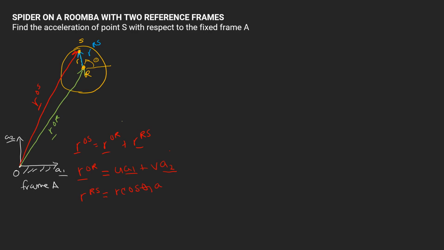And so then we can write RRS as R cosine theta A1 plus R sine theta A2. And so with that, you can then write ROS as U plus R cosine theta A1 plus R sine theta plus V A2.